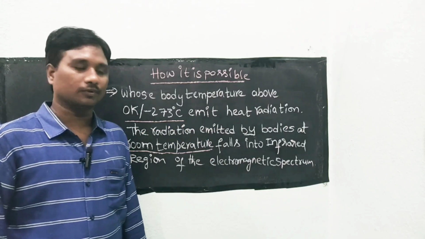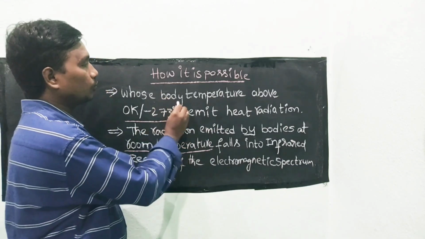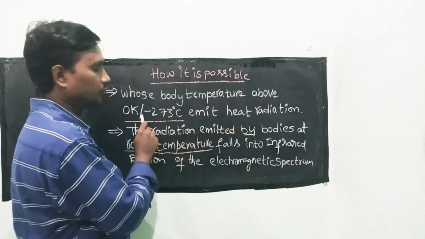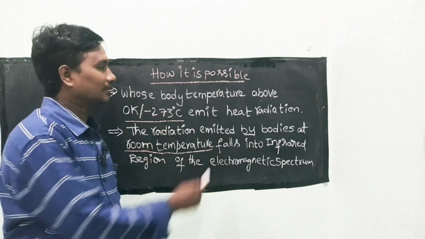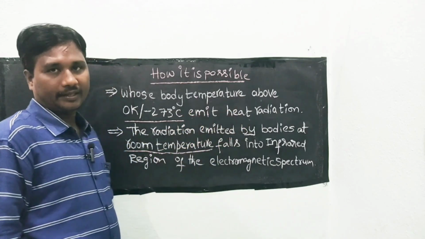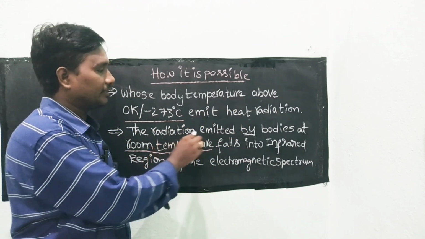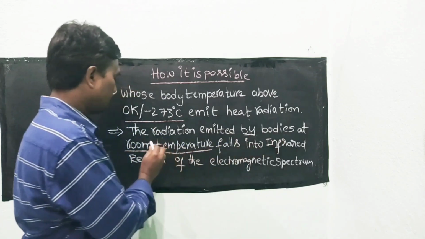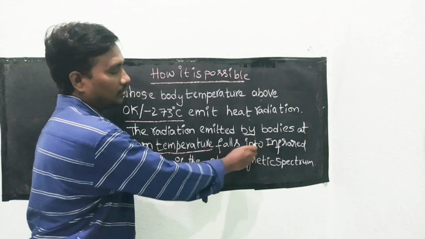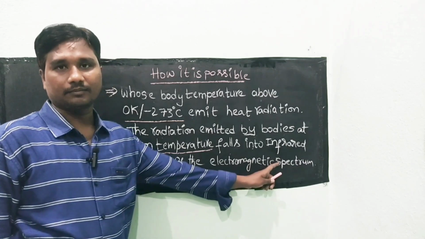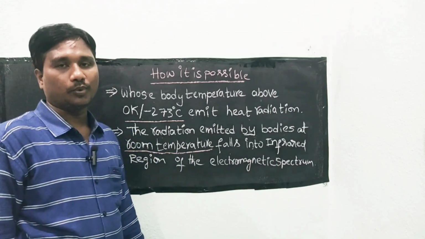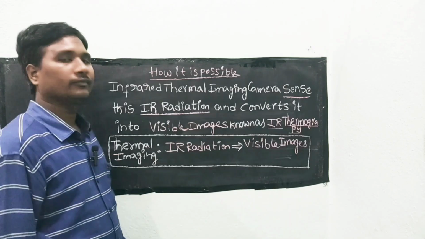How is it possible? Any body whose temperature is above 0 Kelvin, or minus 273 degrees Celsius, emits heat radiation. The radiation emitted by bodies at room temperature falls into the infrared region of the electromagnetic spectrum. Example, human body and other warm-blooded animals.